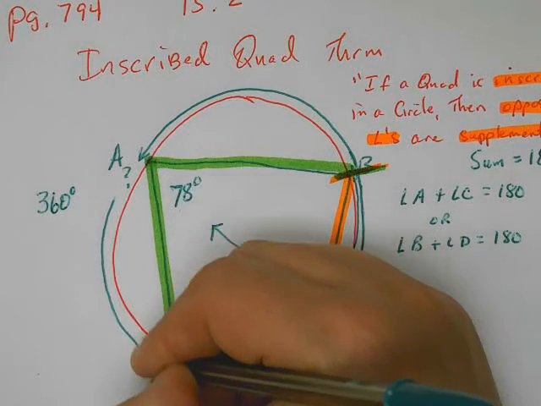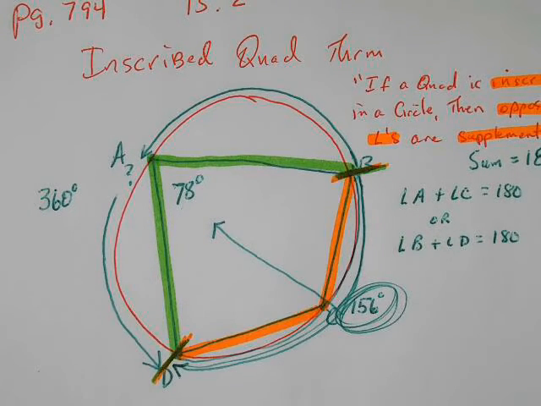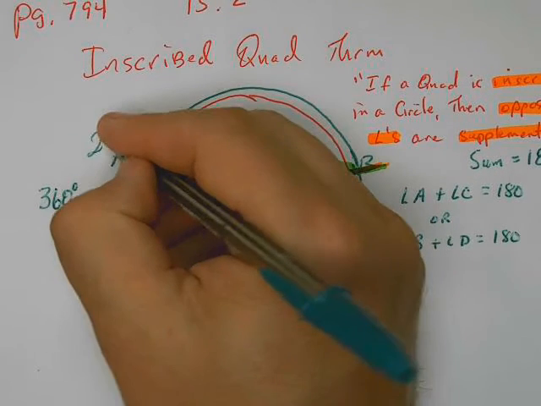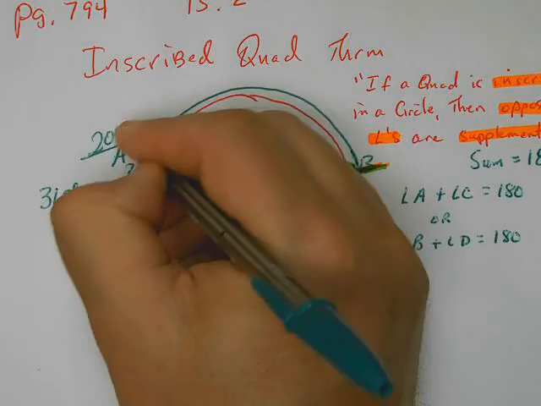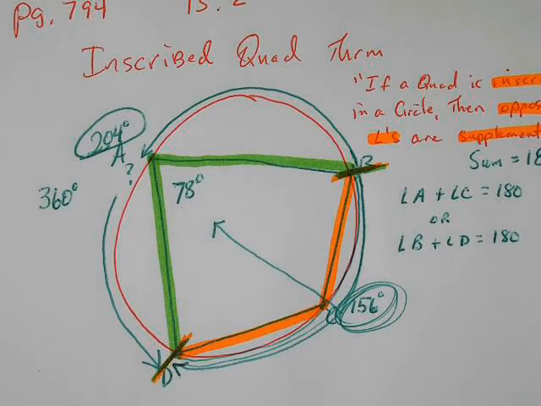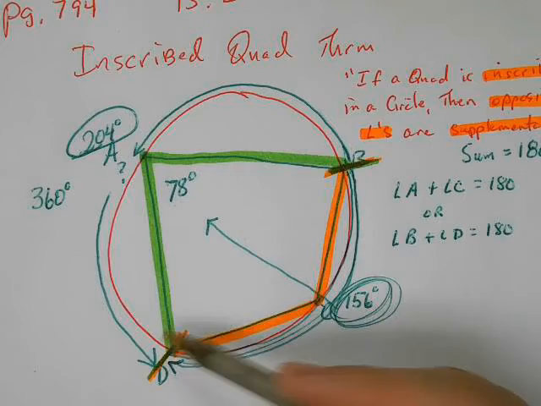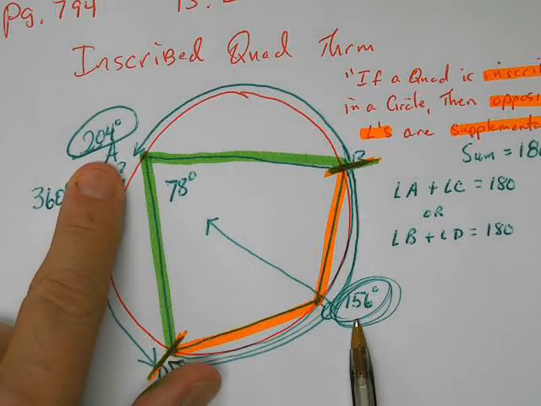And all the way here. What would be that arc? Can you guys do that now? 204. Thank you, Corbin. So if this arc is 156, this arc is 204 because they add up to 360.